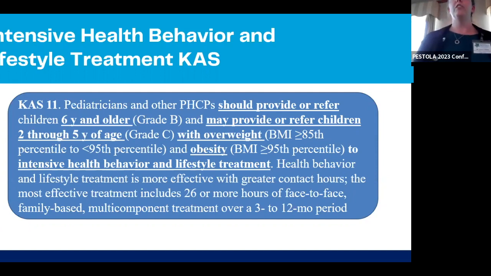We saw this with the 2007 USPSTF recommendations, but what is new is that we also used comparative effectiveness studies that provided even more data on the effectiveness of this type of intensive lifestyle treatment. And we also looked at kids at preschool age, and referring early at preschool age had a significant impact on intensive lifestyle behavior treatment. So the earlier treatment, the better.